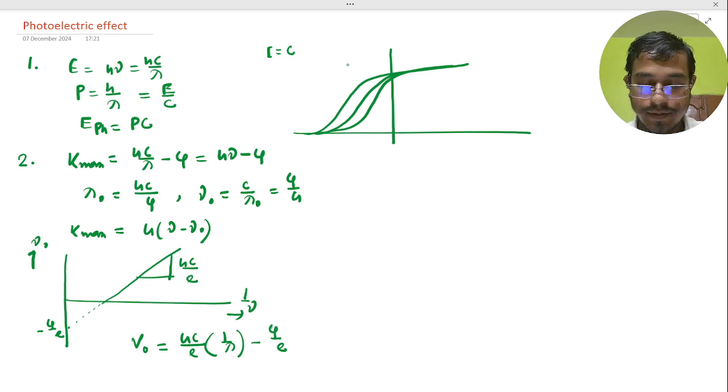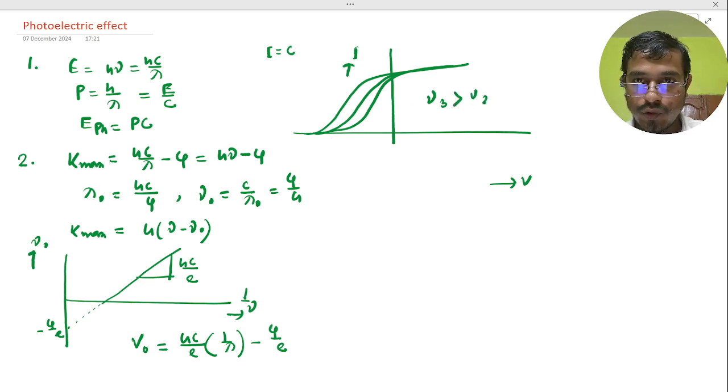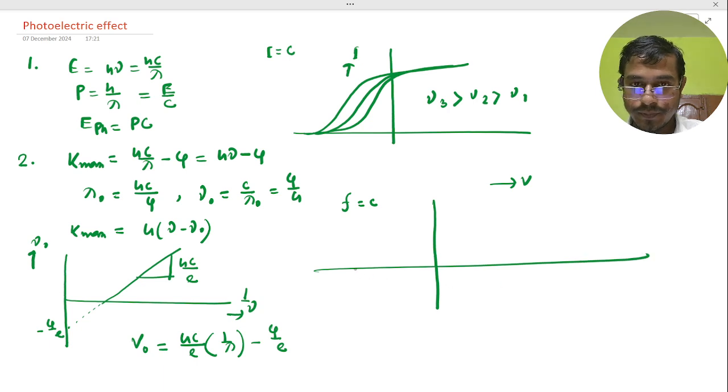Here is I versus V, with the condition that nu 3 is greater than nu 2 is greater than nu 1. And for constant frequency it would be this one.